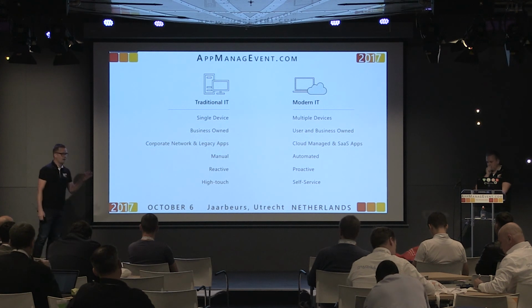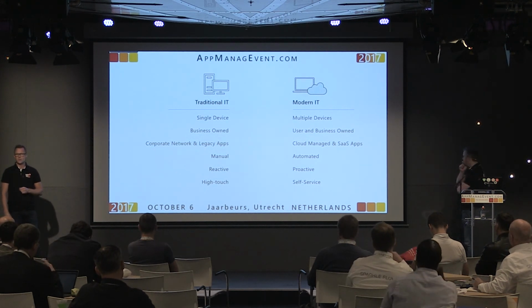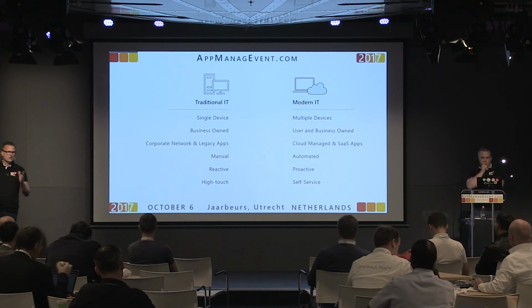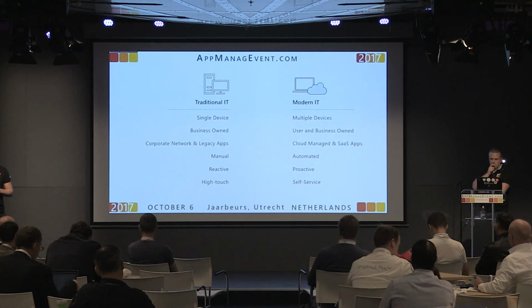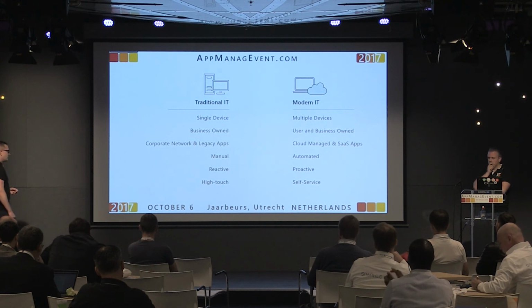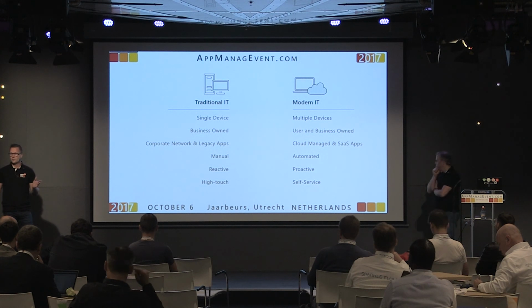What we see, and Kent in his session before us already told that, is that we see a new type of device management solution which is coming up. And Microsoft refers to that as modern management. Modern management is especially suited for companies who are starting nowadays.